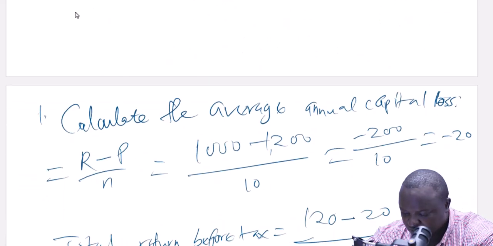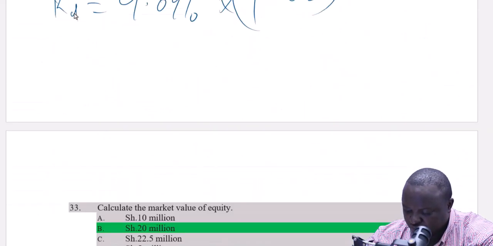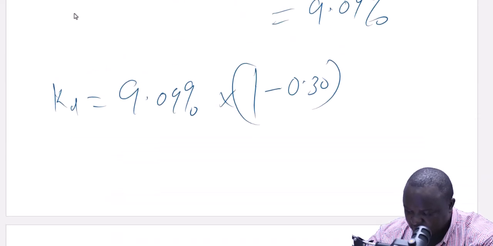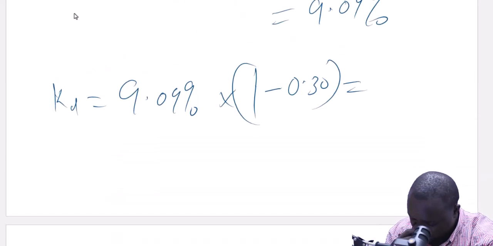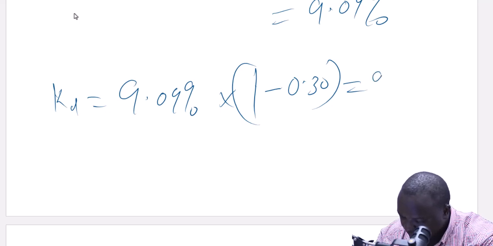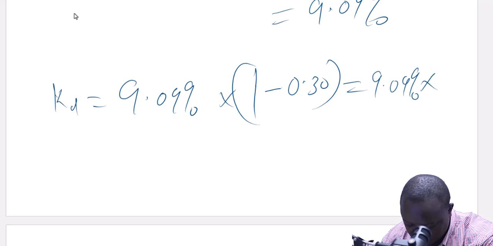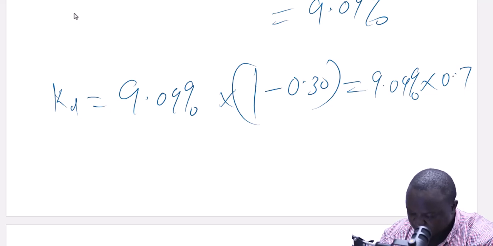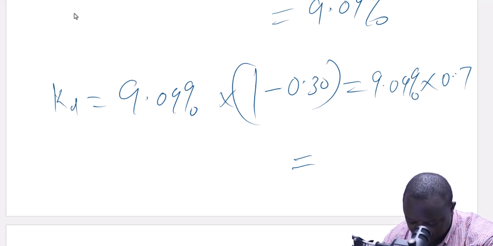So you will get 9.09% times 1 minus 30%, that will be 0.7. So 9.09% times 0.7.